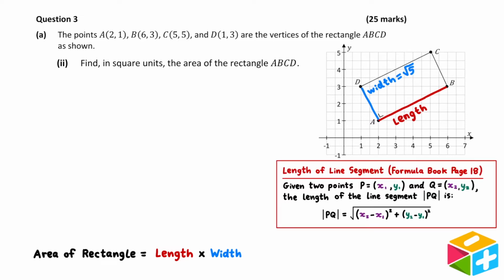Just like the previous part of the question, we can find this by using the length of a line segment formula. Here, we want the length of the line from A to B. So the 2 points of interest are A = (2, 1) and B = (6, 3).